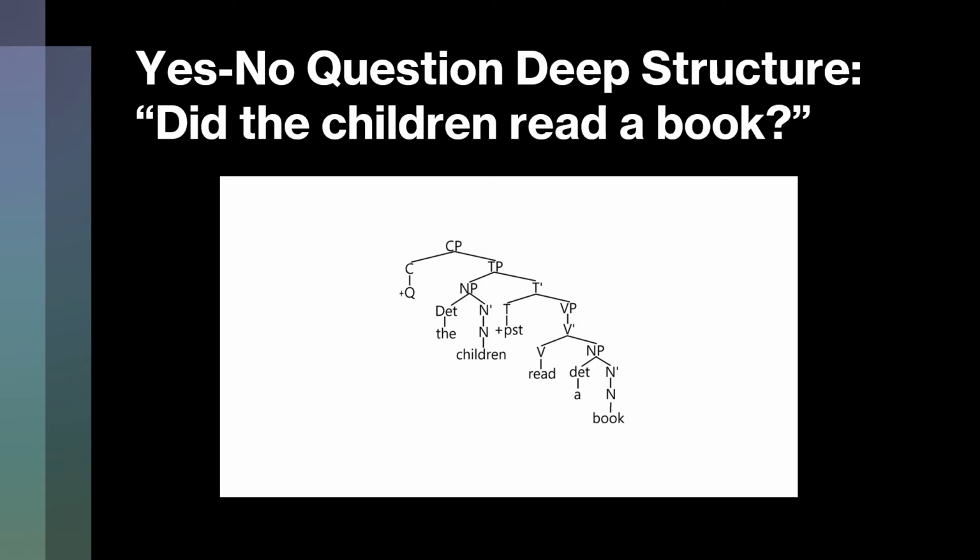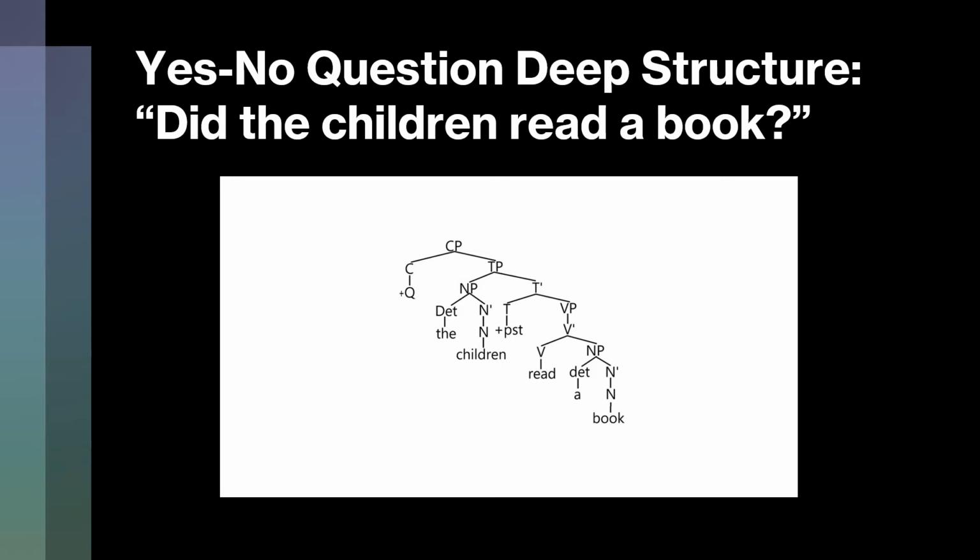And this little plus Q indicates to us that it's an interrogative or a question. The children read a book is the same as the children read a book, structurally, except for this plus or minus Q over here to indicate whether it is or is not a question. Deep structure is what lies underneath and is transformed into a surface structure that forms a question the way we recognize it, like, did the children read a book?